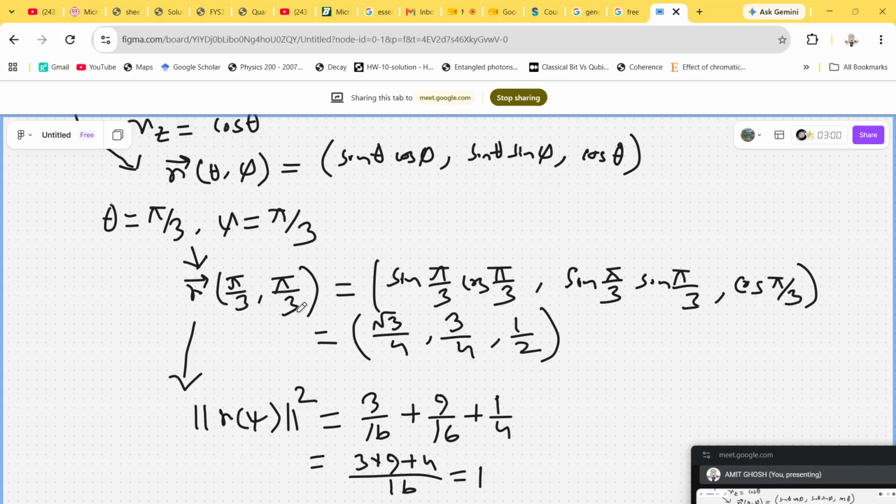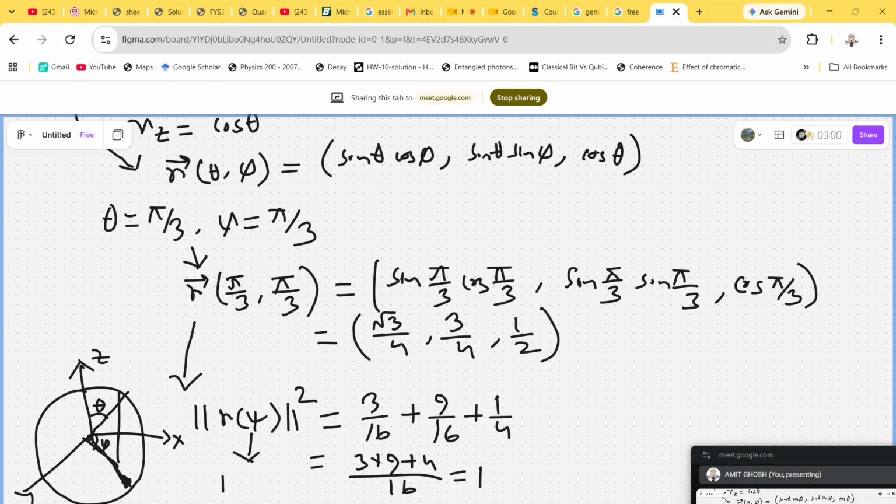So it should lie on the Bloch sphere, on the surface of the Bloch sphere, because it is a pure state.